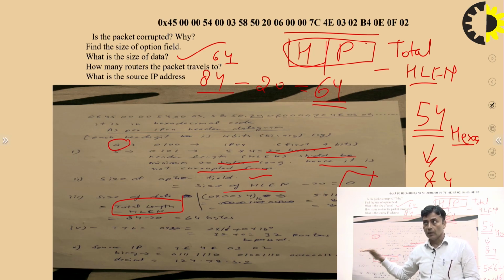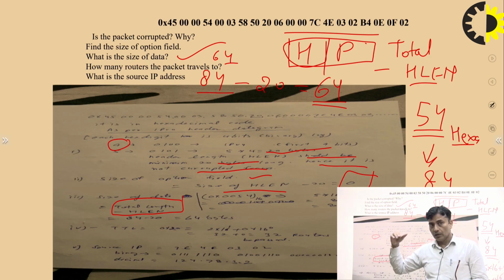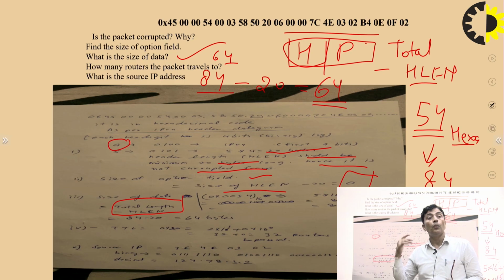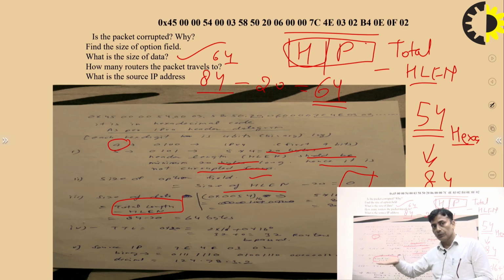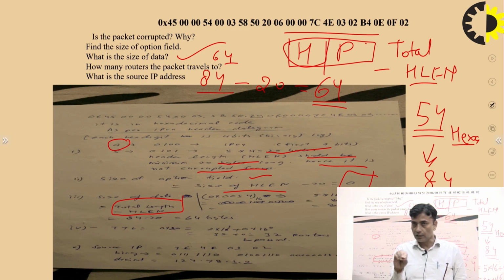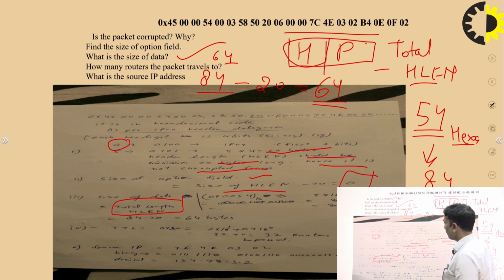That means from this point the packet can traverse at most 1 more router. When the fourth router is crossed, the TTL value will be 0. TTL 0 means it is now worthless. If it is delivered to the destination within that limit, that's okay, otherwise it will be dropped. So this is the TTL information.